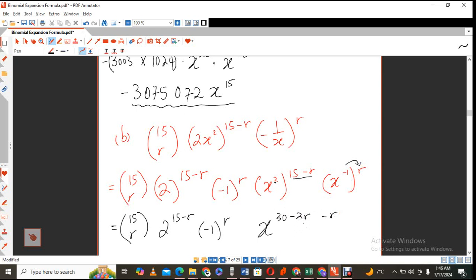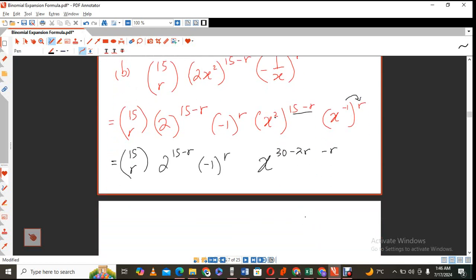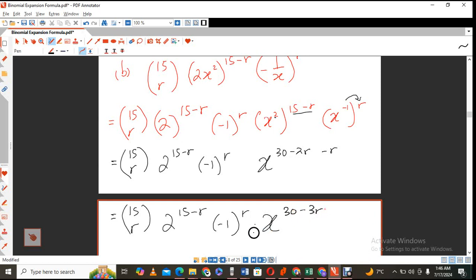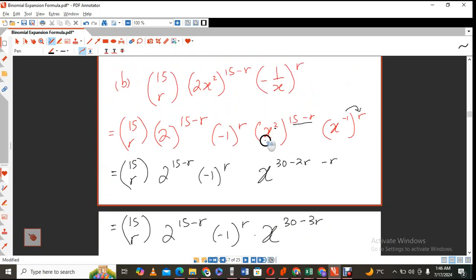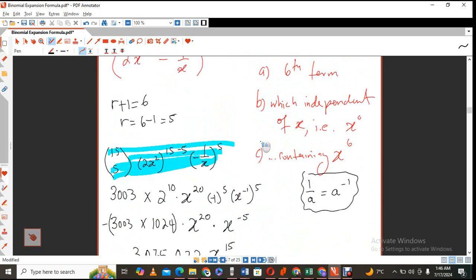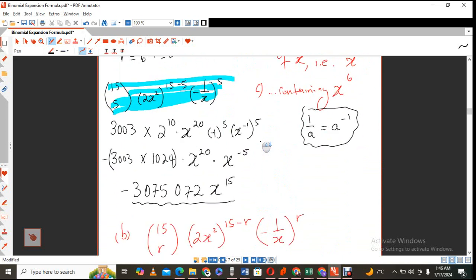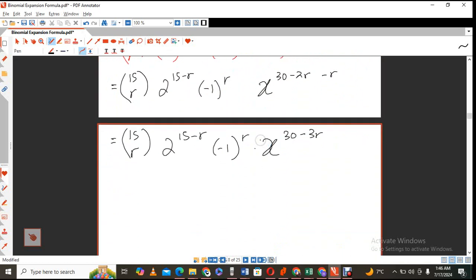Let's clean it up a bit. So it's 15 choose r, 2 to the 15 minus r, -1 to the power r, and x raised to the power of 30 minus 3r. This is the one I'm going to use even to solve for C. When they say the term which is independent of x, that is when x is raised to the power 0, the constant term.